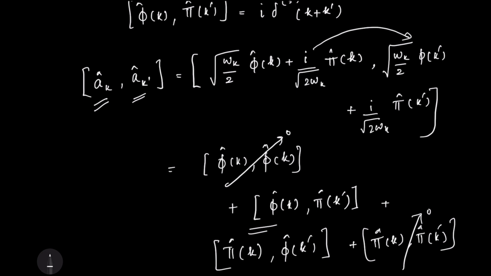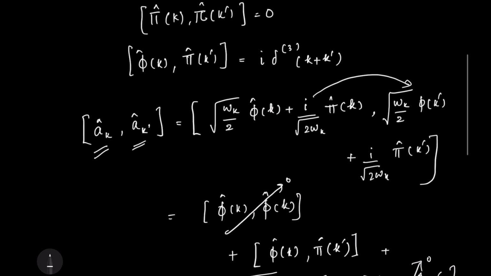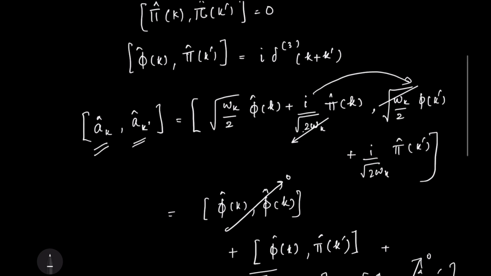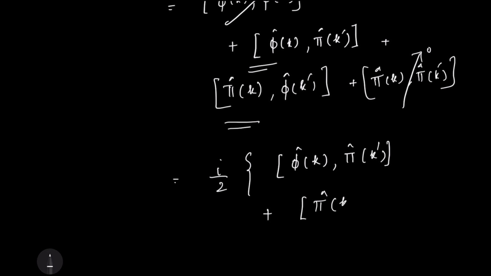In the second term, I have to take out i by 2. All the other factors get cancelled because of the root of omega_k: this root omega and this root omega cancel, and the 2 root 2 will become 2, and there is i. So I have the commutator of phi(k) with pi(k prime) plus the commutator of pi(k) with phi(k prime).